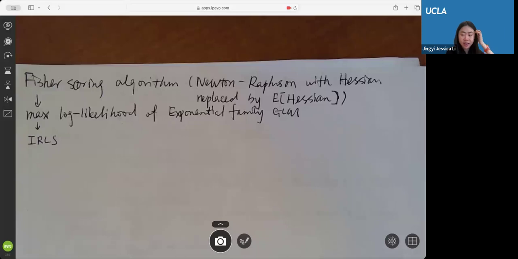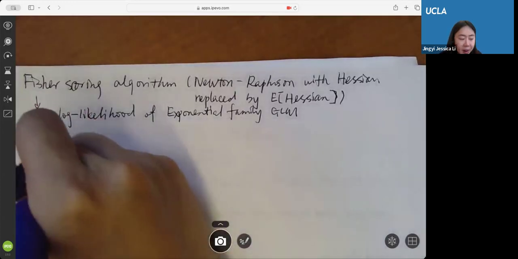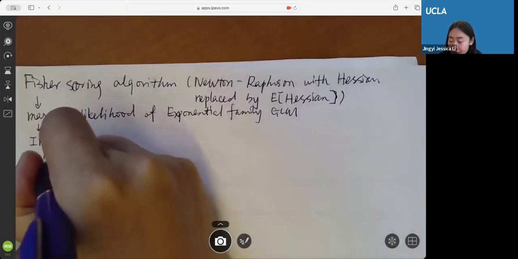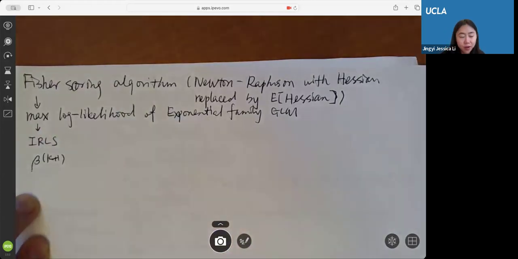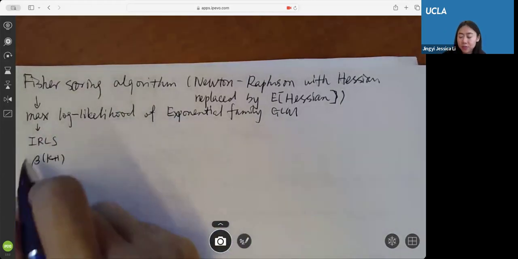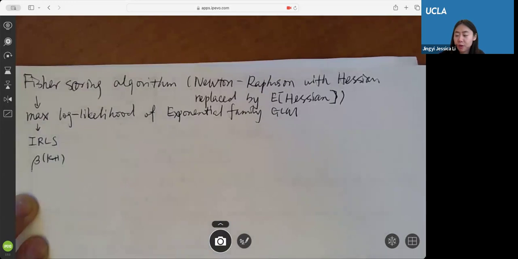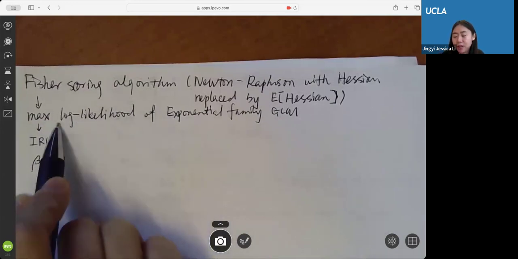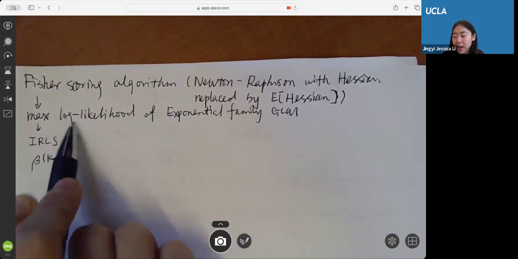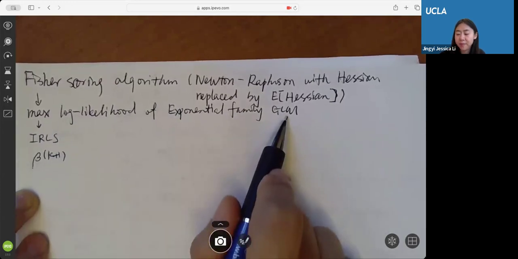So specifically, each iteration in Fisher scoring, beta is the vector value we want to find, right? The vector is the coefficient vector. We want to find the value that maximizes the log likelihood of this exponential family GLM.